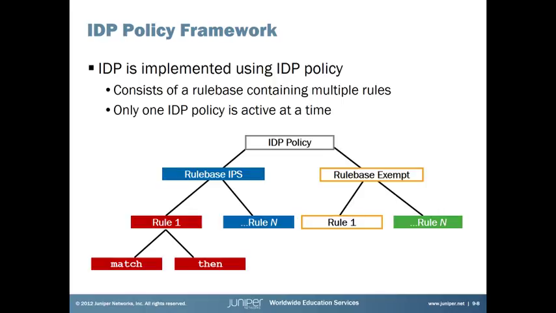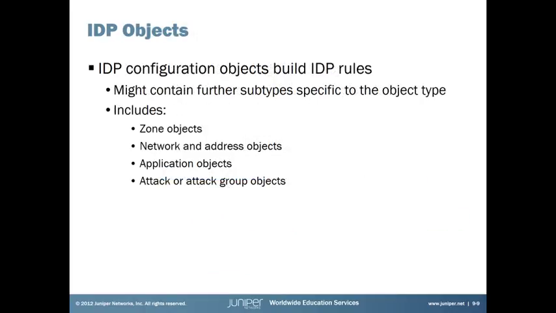So you choose a policy and you activate one of those policies. Those policies contain a whole bunch of rule bases that look out for the kind of activities that would represent an attack. So the IDP configuration objects build these rules.